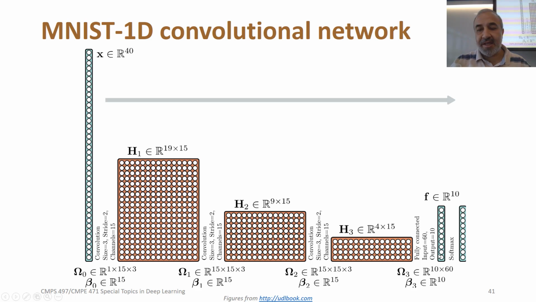And actually it's not the hidden layer, but it's the output layer. It will have how many nodes we said? No, the output. 10. Okay, so between the output that is 10 and the last convolution layer that is 60, we will have a fully connected layer.